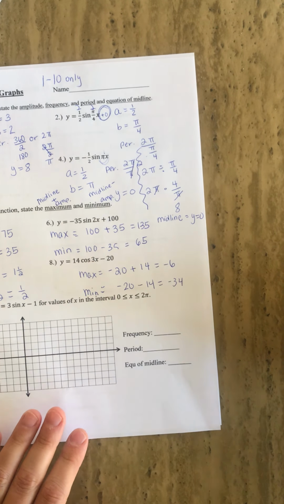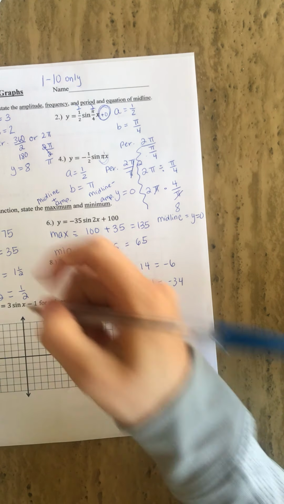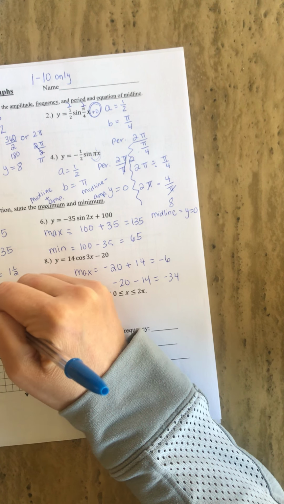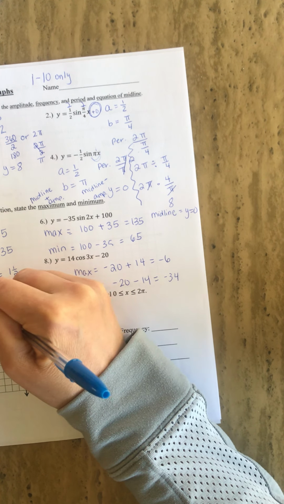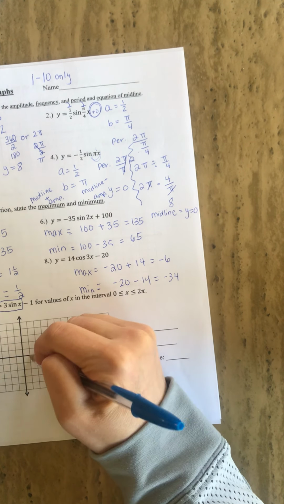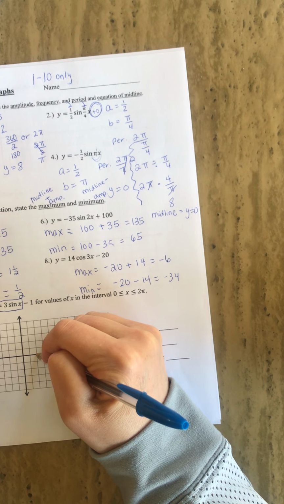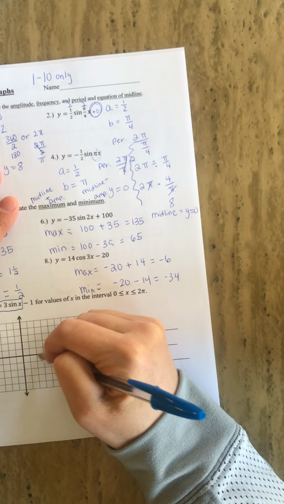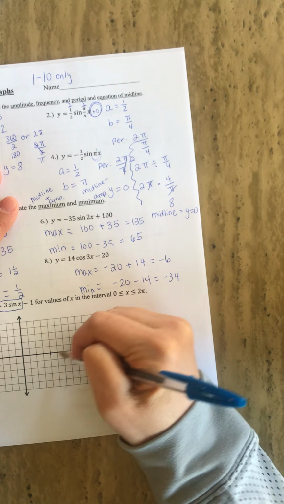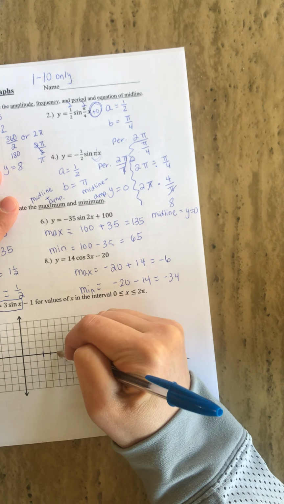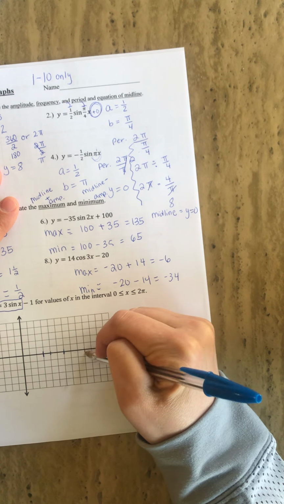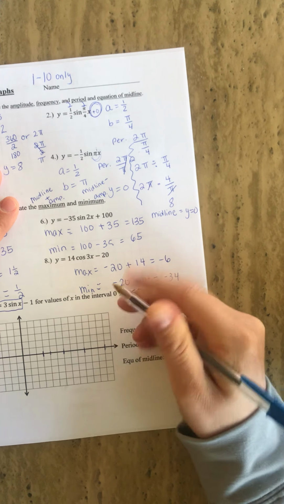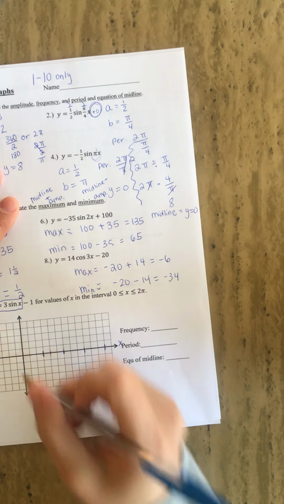That's perfect. If you're doing it the long way, the first thing that you want to do is graph y equals sine of x, okay? So you guys are going to go by 3. 1, 2, 3, 1, 2, 3, 1, 2, 3, 1, 2, 3. Make sure that you're labeling this here.